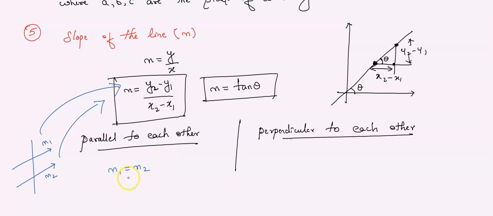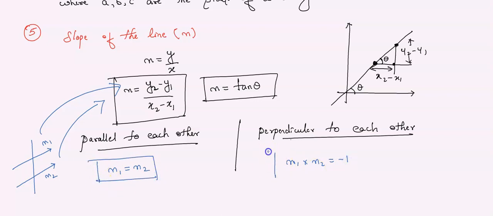Did you understand? Similarly, when the lines are moving perpendicular to each other, what is the formula to find the slope? The condition is m1 into m2 equals minus 1.